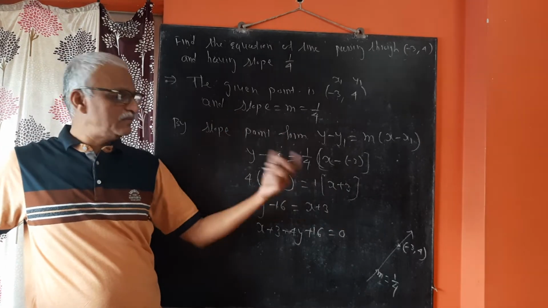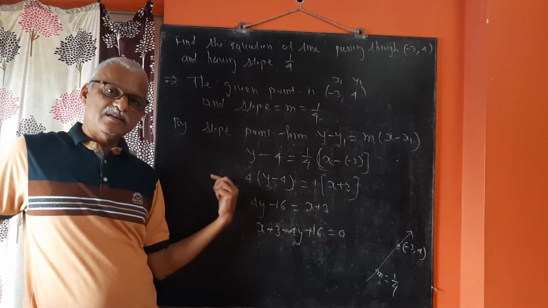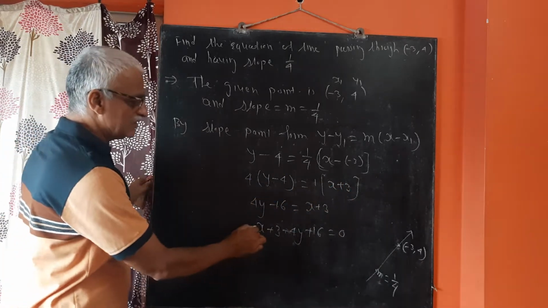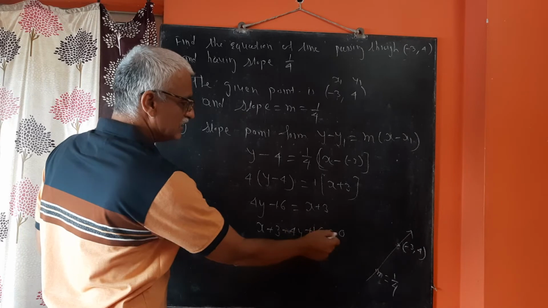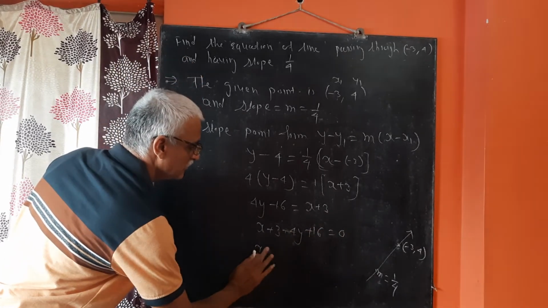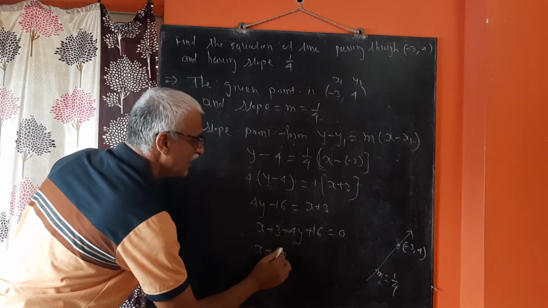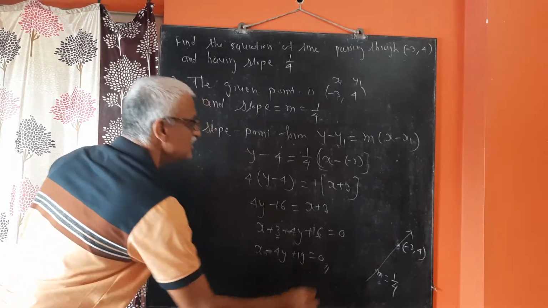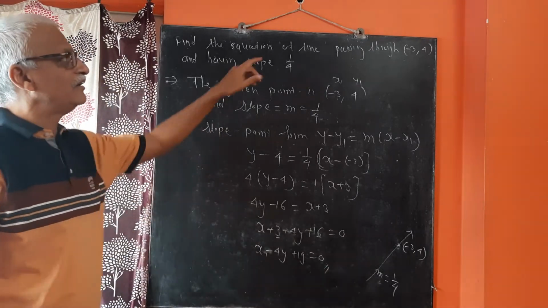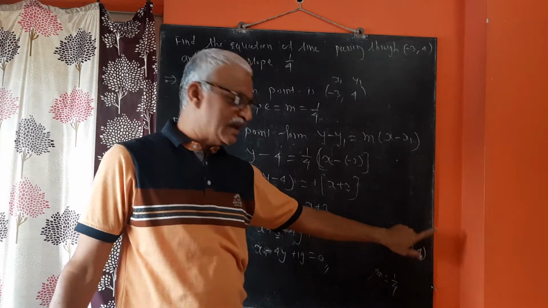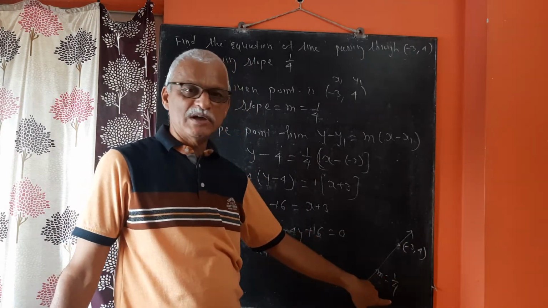In the previous problem, I shifted the y terms to that side. So x plus 3 minus 4y plus 16 equals to 0. That means x minus 4y plus 3 plus 16, that means plus 19, is equal to 0. That is the equation of the required line which is passing through the point minus 3, 4 and having the slope 1 by 4.